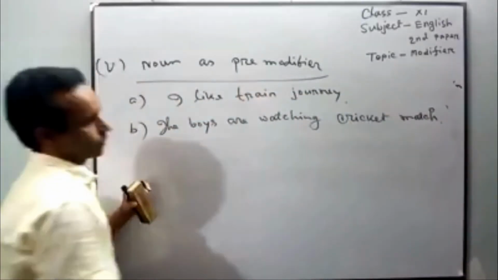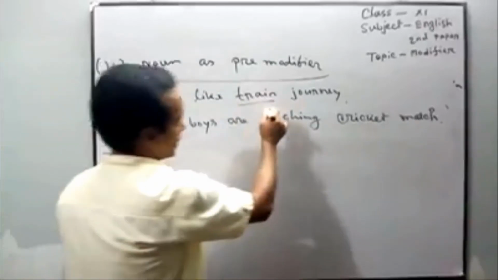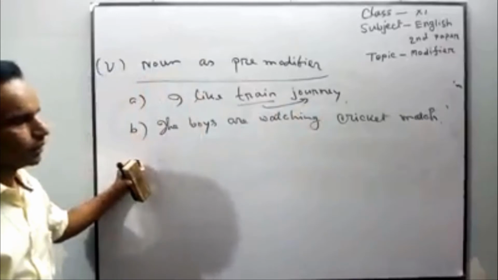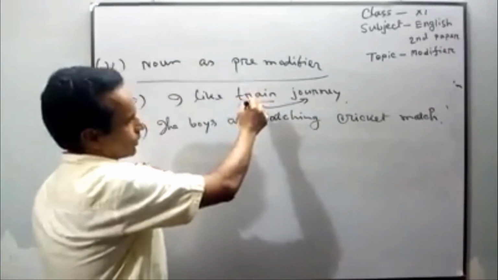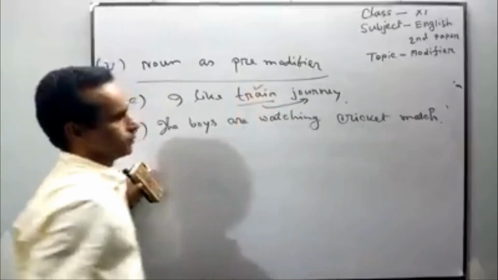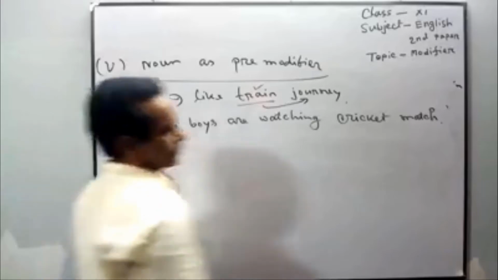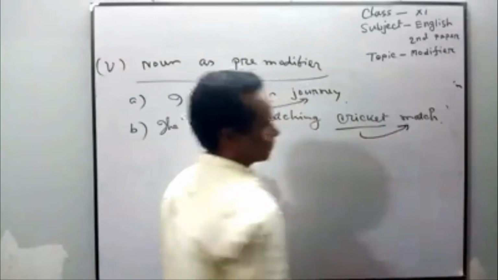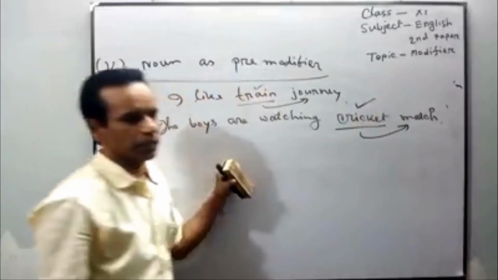In the first sentence, train is noun and it has qualified the word journey. It is also a noun. So, the word train is pre-modifier. In the second sentence, cricket is a noun and it has qualified the word match. So, this noun is pre-modifier.